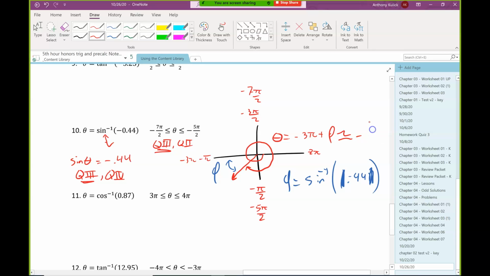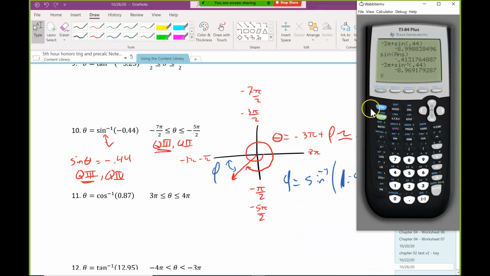That's better. And now if I do sine of that value, you see I get exactly negative 0.44, so that's a good check. So I found the right angle.